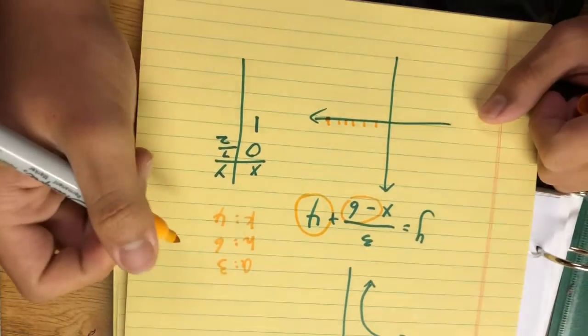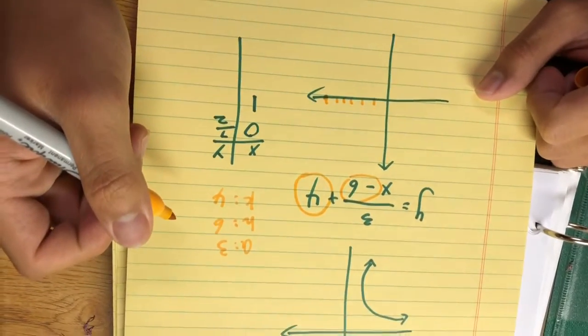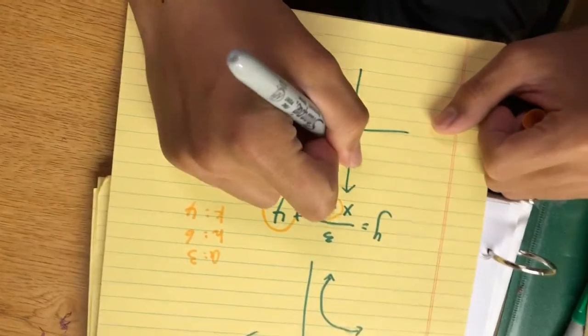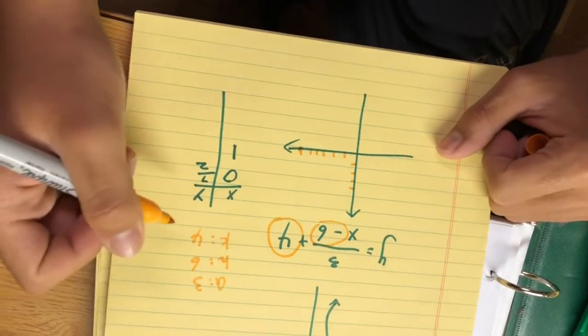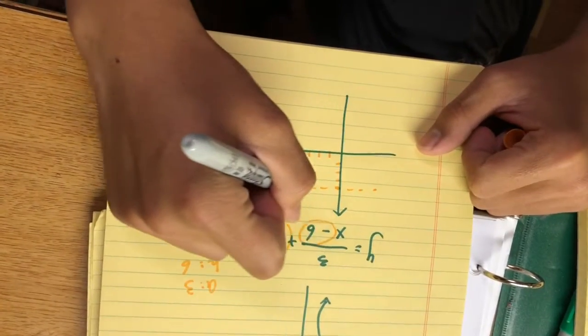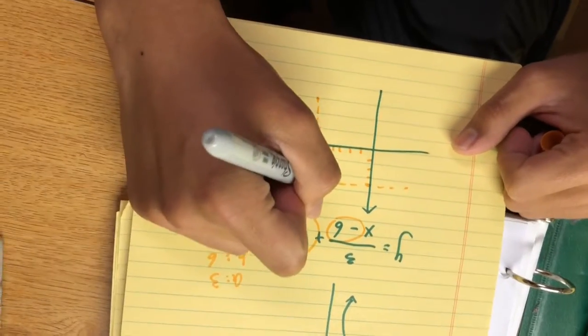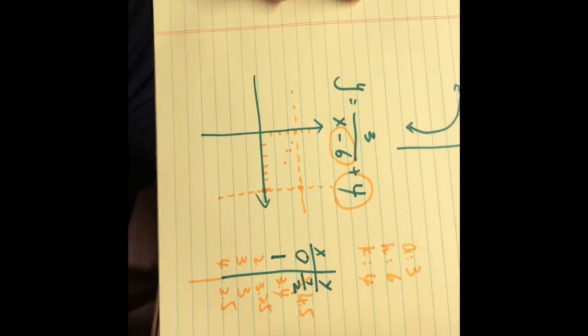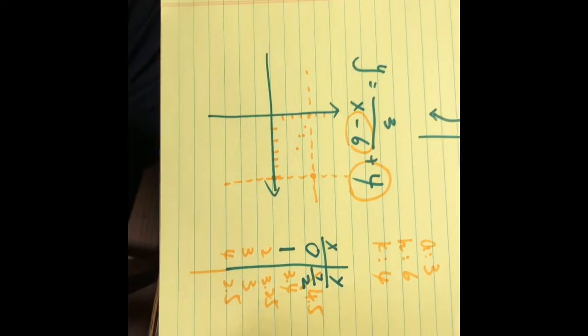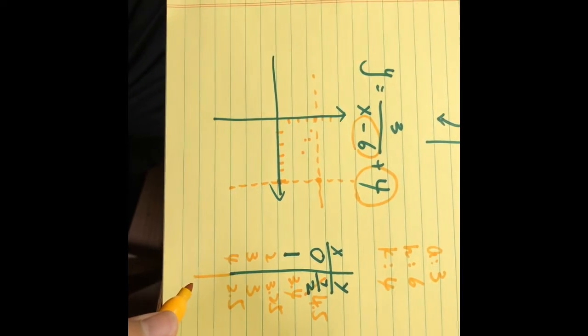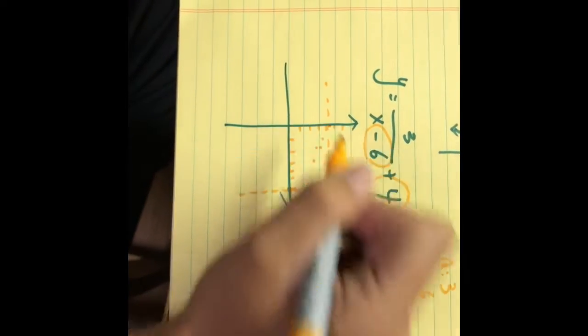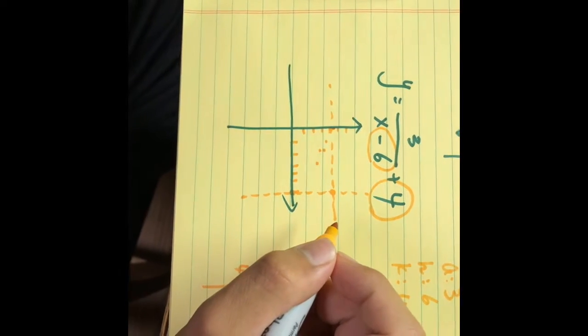And because k is equal to 4, we have to shift the graph up 4 spaces. And that is called the asymptote. So first we plug 0 into x, and then y is equal to 4.5, which is plotted on the graph right there.